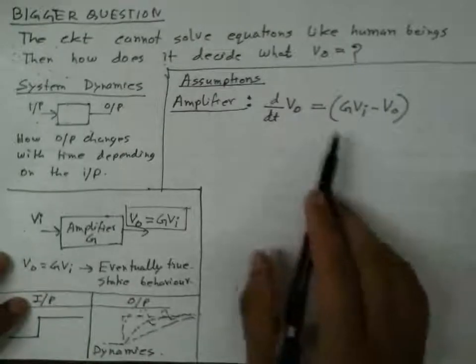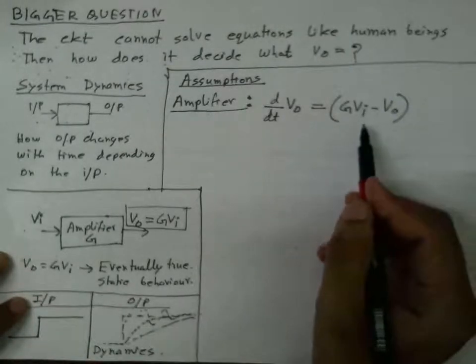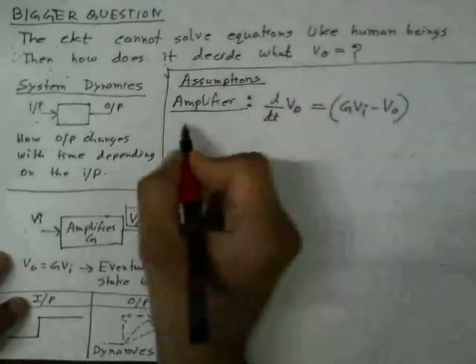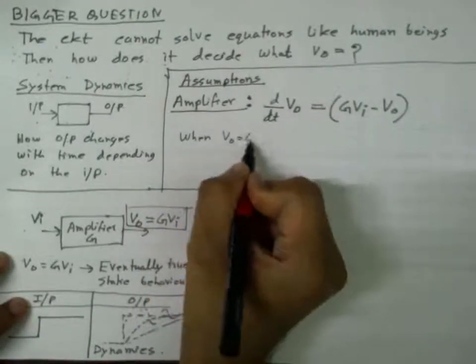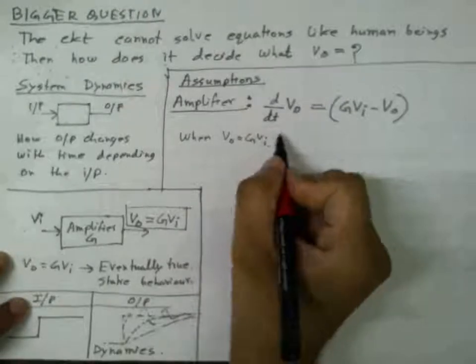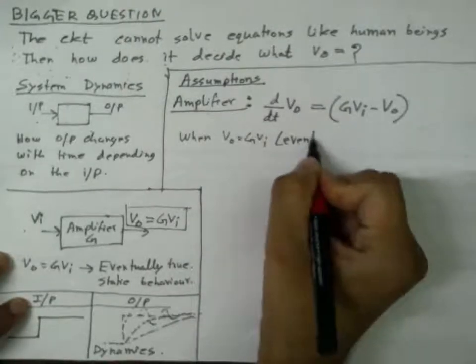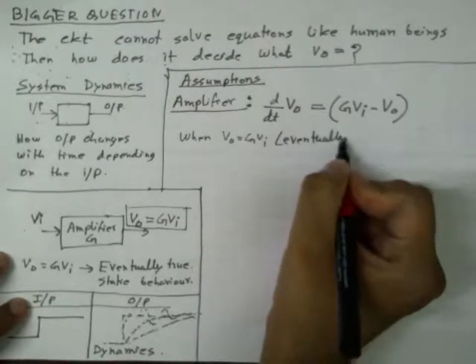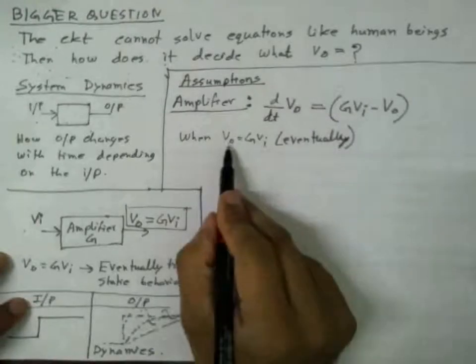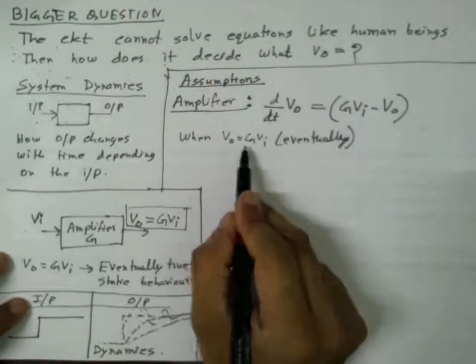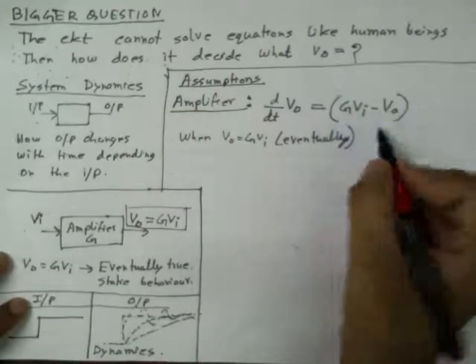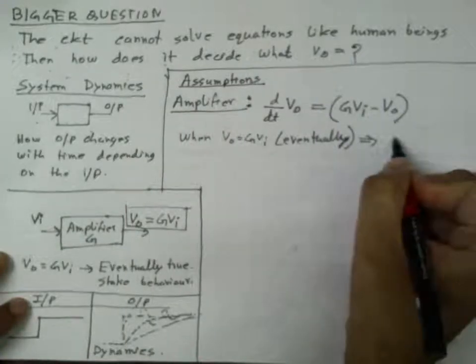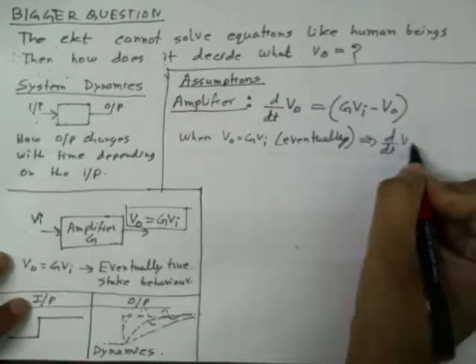So what does it mean? One thing is clear: when V_o is equal to G V_I, which will happen eventually, after a while, then this is equal to 0, so d/dt of V_o is equal to 0.